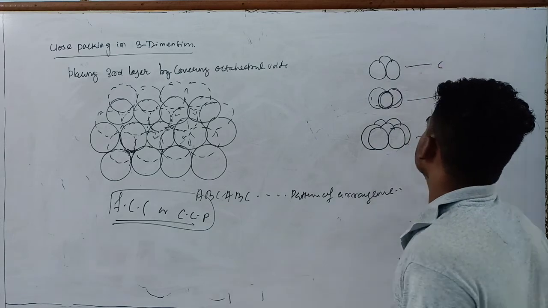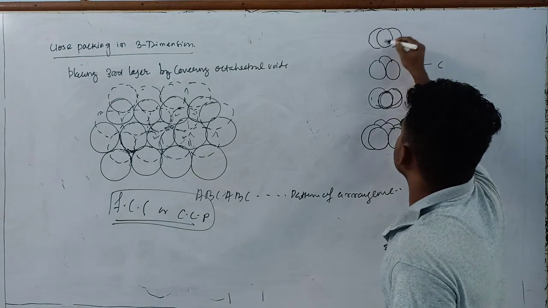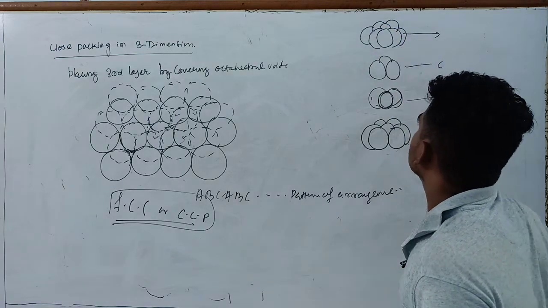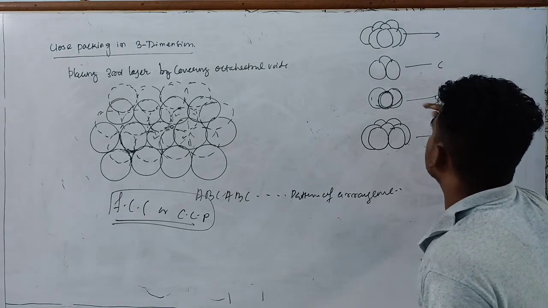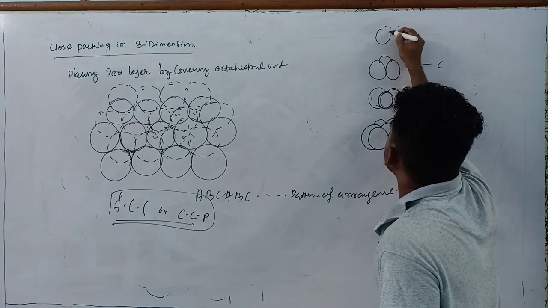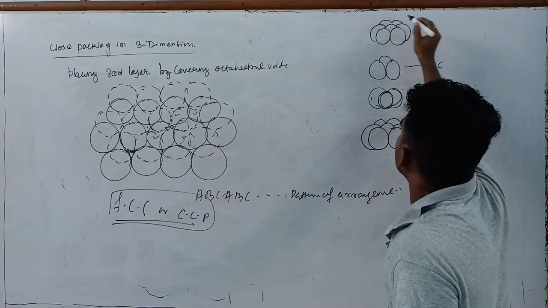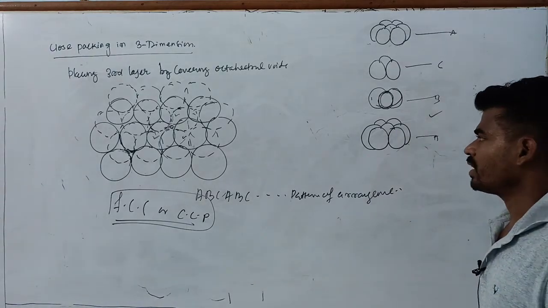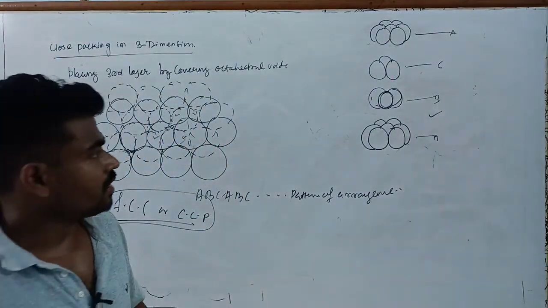This will be C, and again you will get this hexagonal. Okay, let me do again here. This is like this. Okay, so this is A. So ABC pattern will be there. It follows ABC pattern if the third layer is placed just over octahedral voids. Clear? So now let us discuss about voids.